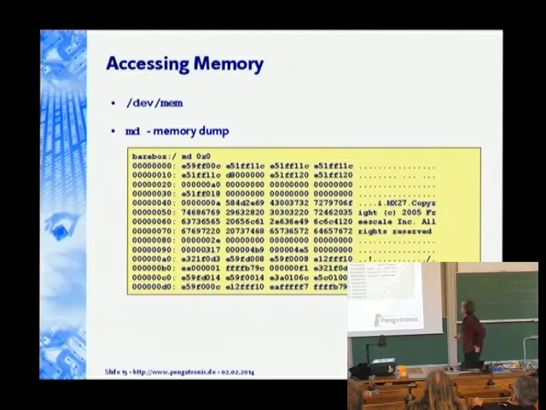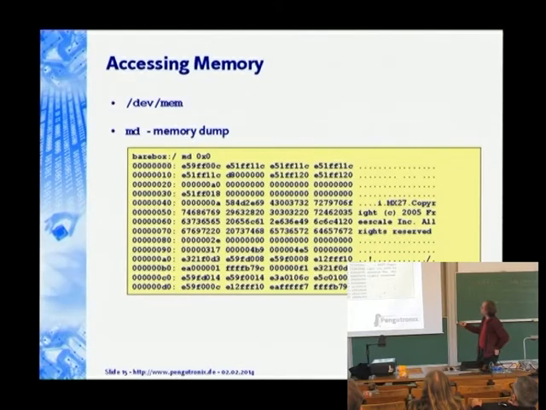And one really important thing if you bring up hardware is that you are able to access memory. Look around, look into registers, try to find out what's going on, things like this. And what we are doing here is that, for example, there's this md memory dump command here, and that usually works on /dev/mem.